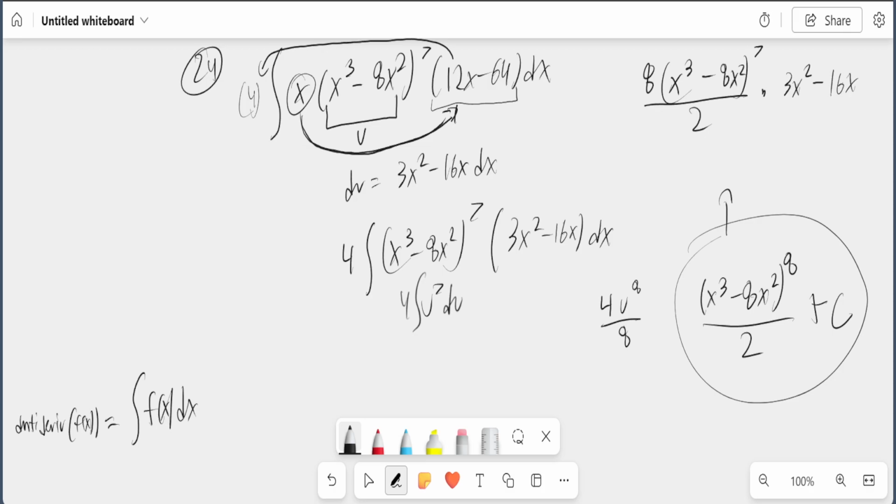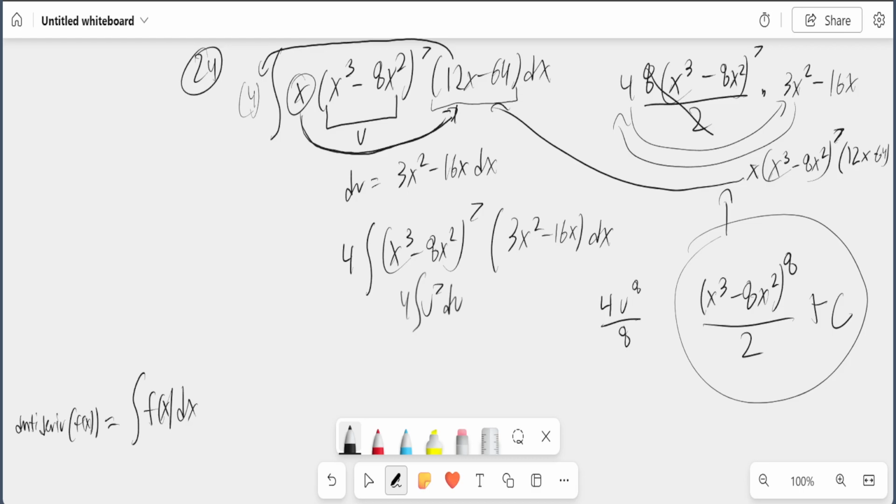Now if this becomes a 4, so if we put the 4 into here and then pull out the x, we get x cubed minus 8x squared to the 7th times 3, shoot, I pulled out the 4. Did I? Or no, I put in the 4. So 12x minus 64, and then have the x. So that is the same as this. It works a little messy, but that's the same as that. So my answer should be correct. So that might also just be another wrong answer.